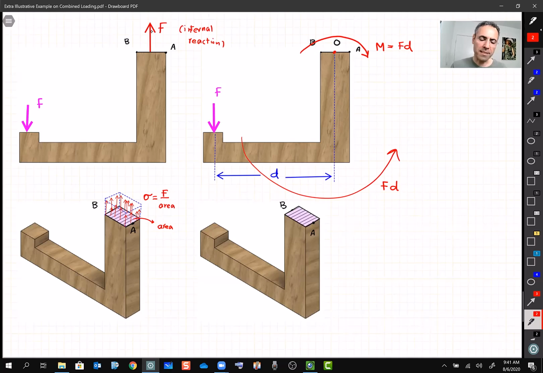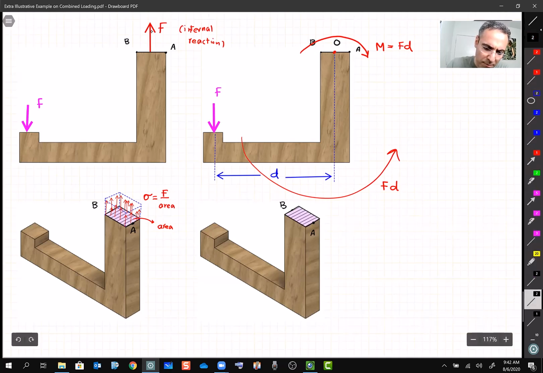What about this bending? This requires a little bit of your visualization and imagination maybe. So how is it going to bend? You guys tell me. It's going to bend about which of these axes: the axis that passes through points A and B, or the one perpendicular to that?